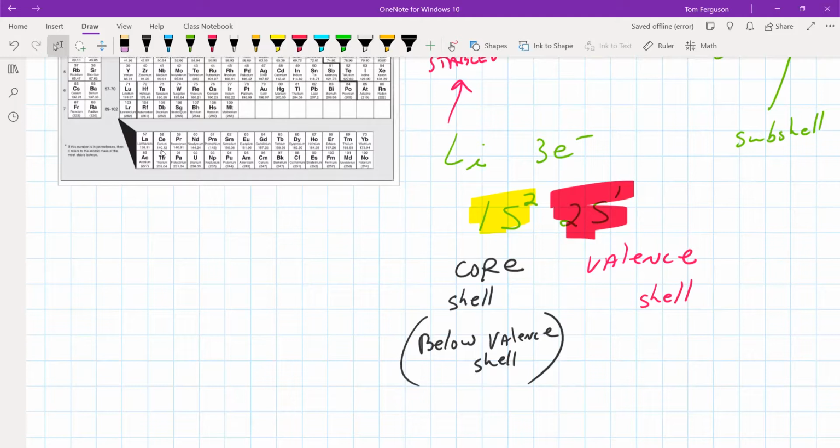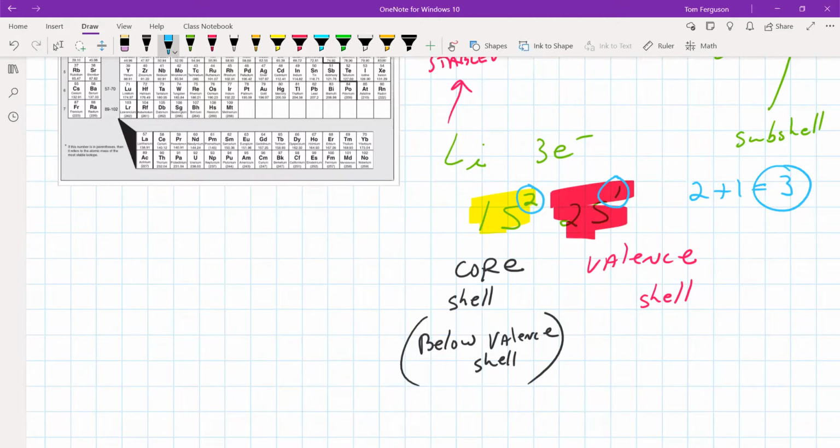And we can account for all 3 electrons with the electronic configuration. So we have now accounted for all 3 electrons. 2 are in the core at the 1 shell level, and 1 is at the 2 level, the valence shell.